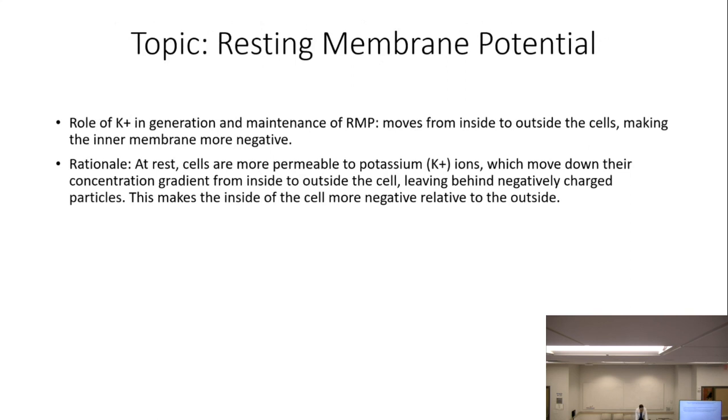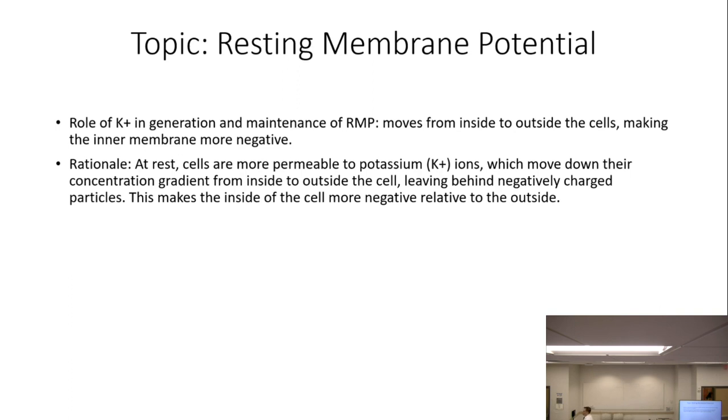Now there is another here, resting membrane potential. That question was about the role of potassium, okay? How potassium participates in this resting membrane potential. And this has a lot to do with what we were saying before about the amount of potassium and sodium leak channels.